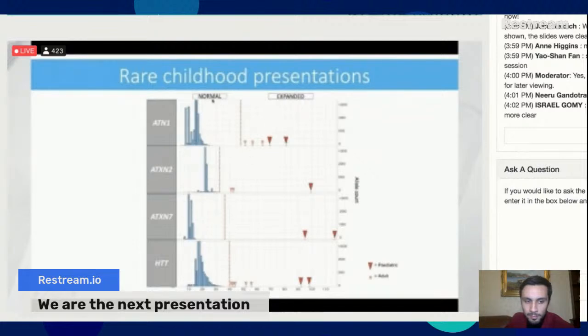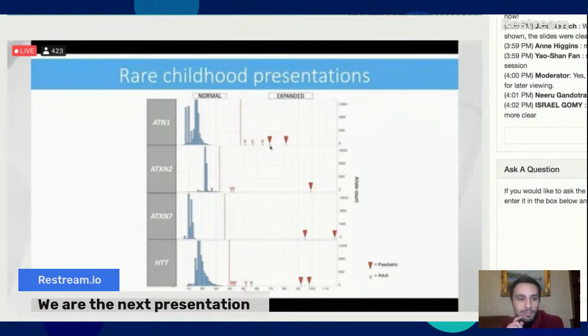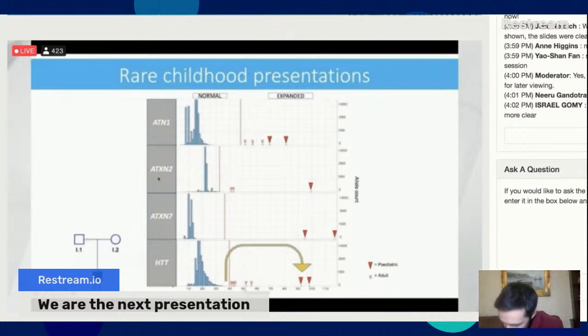The vast majority of alleles we detected were in the normal range, but as you can see here, with the white triangle, some pathogenic expansions detected in adults, and some very large pathogenic expansions detected in the pediatric population. And what's really striking about this result is that most of these families where we had the pediatric presentation had a negative family history of the disease at the time of recruitment.